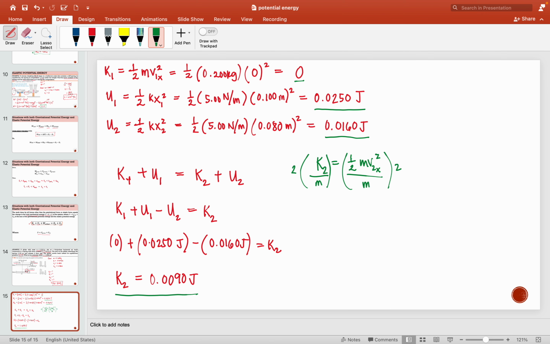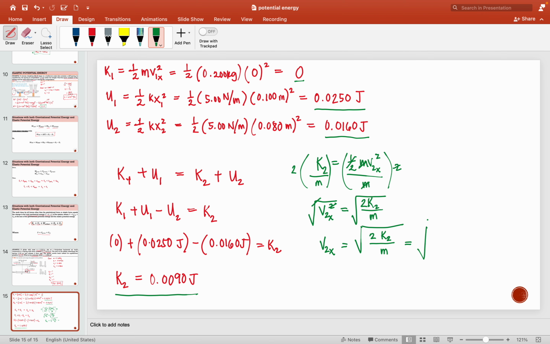Okay, so that 1/2 times 2 becomes 1, and the m and m here will be cancelled out. So we have V2x squared is equal to 2 times K sub 2 divided by m. And then we will also get the square root of both sides to cancel out the squared here. So, V2x is equal to the square root of 2 times K2 divided by m.